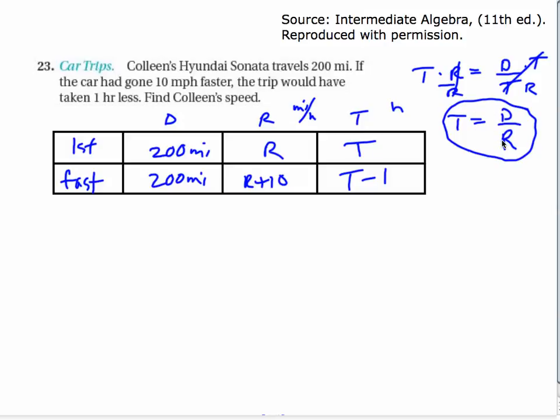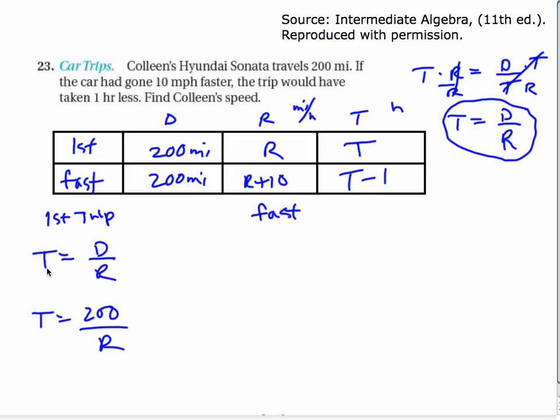Now let's use this and write it twice. For the first trip, t is equal to the distance, that's 200, over the rate, which was r. So t equals 200 over r. Now let's do the faster trip.